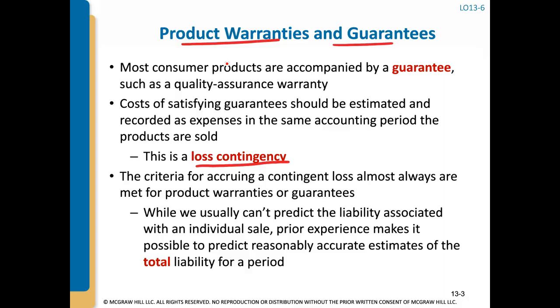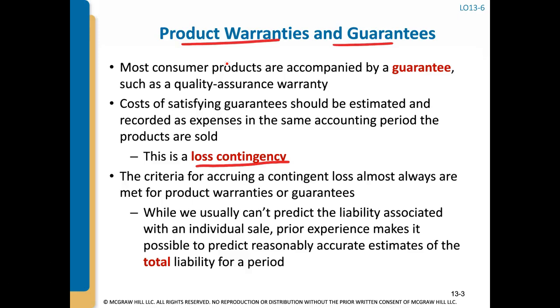So let's think about the car that comes with a 4-year, 48,000 mile warranty. When you buy the car, the company will record revenue for $30,000 because that's what they earned with the car. Attached to that car is the product warranty.